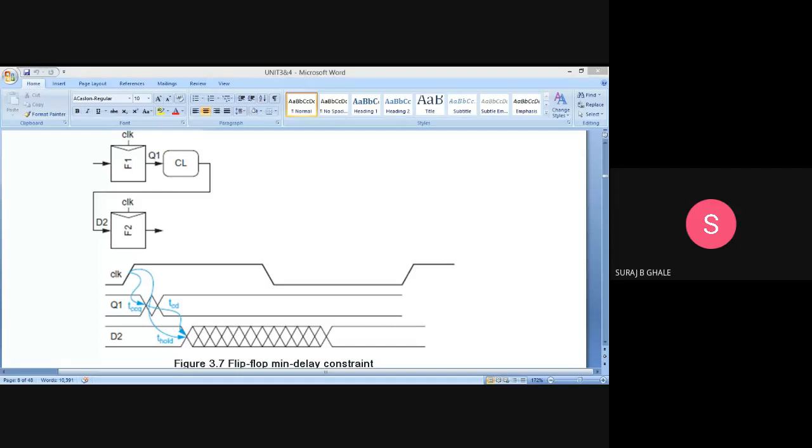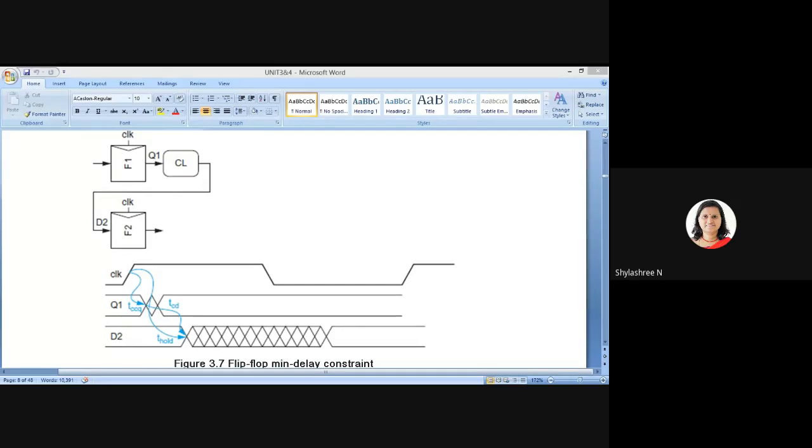Yes, ma'am. Suraj? What is the equation to redesign the combinational logic? What is the constraint equation you are writing here? Hello? See, it should be an interactive class here.